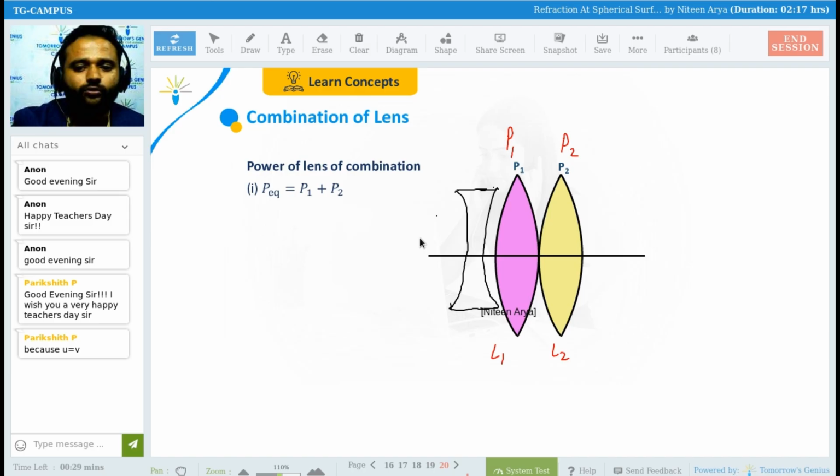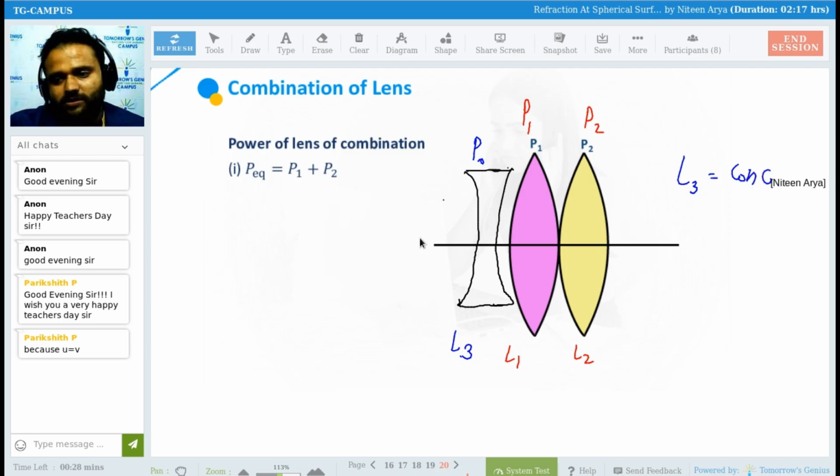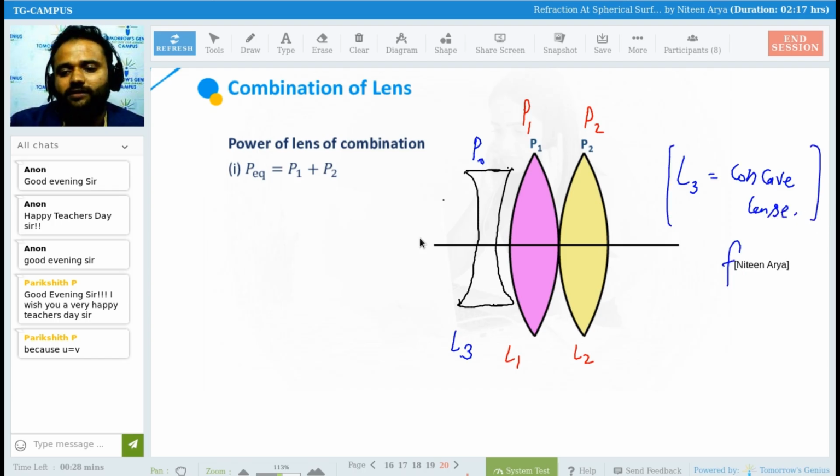Suppose what I'm trying to do here, this is your P naught, but as we draw this LC, the length of the concave lens, or you can say L3. Here L3 is a concave lens, and we know that the focal length for a concave lens is going to be negative.